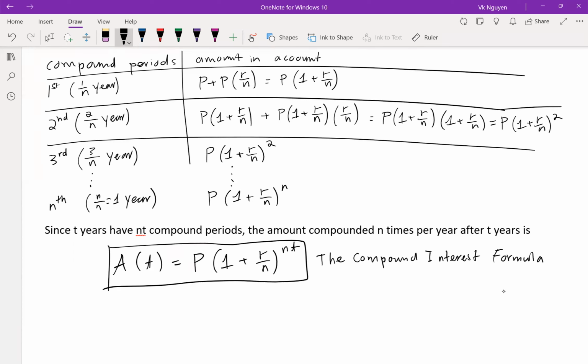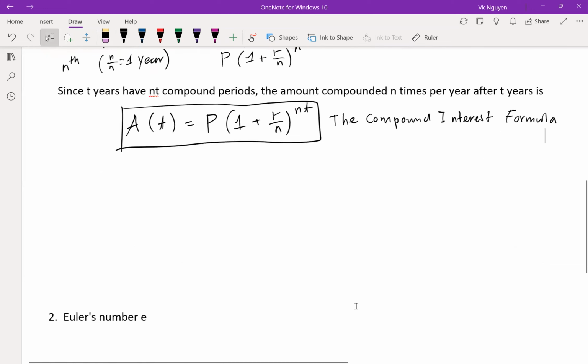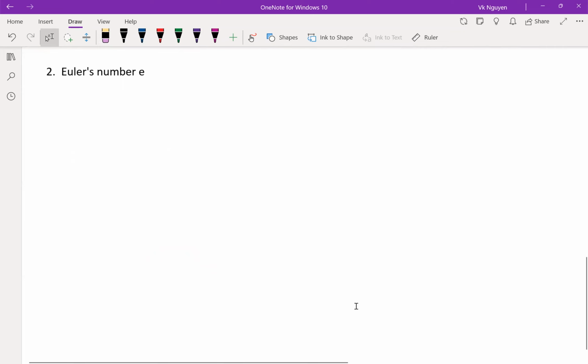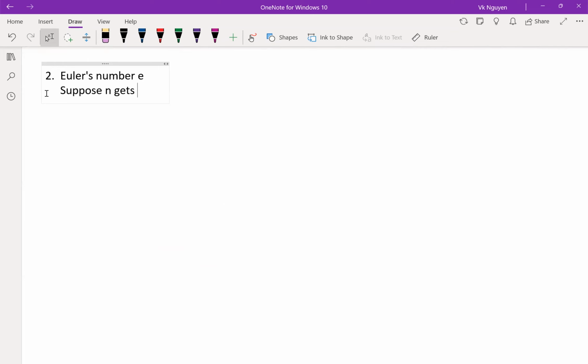Next, we use the compound interest formula to derive E, the Euler number. In order to get to the Euler number, we have to suppose n gets bigger and bigger.